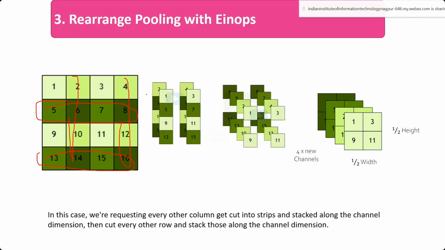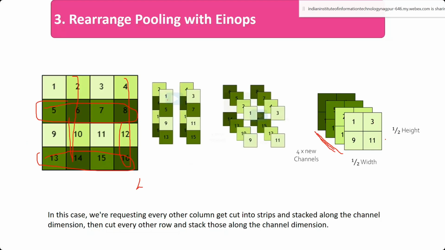So 5 will go here row-wise, then this one. You are reducing the dimension, but you are not ignoring any data. You are reducing a 4x4 image to 2x2, but at the same time you are increasing the channels.